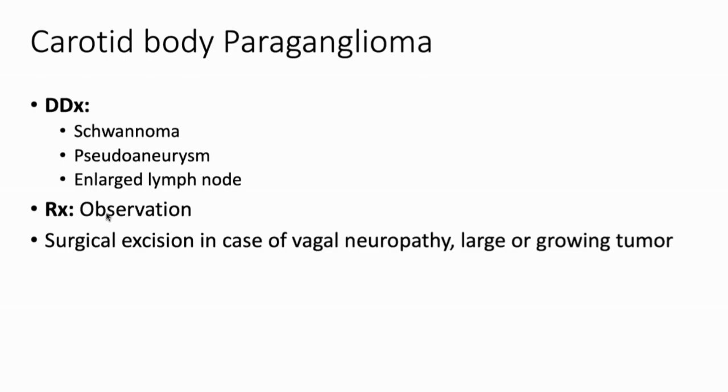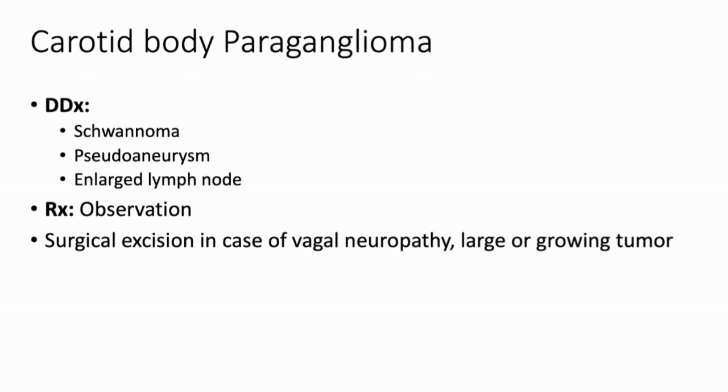And if these tumors are small and asymptomatic, we can simply observe them. If they are enlarged or growing in size over a period of time, or if they're causing any neuropathy, then we can excise them. Head and neck surgeons usually ask the neurointerventional person to embolize this tumor before they go in, because embolization of the ascending pharyngeal artery, which is the major supply of this tumor, can decrease the intraoperative hemorrhage and the surprises during the surgery.